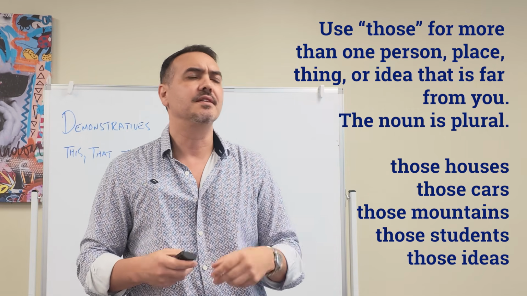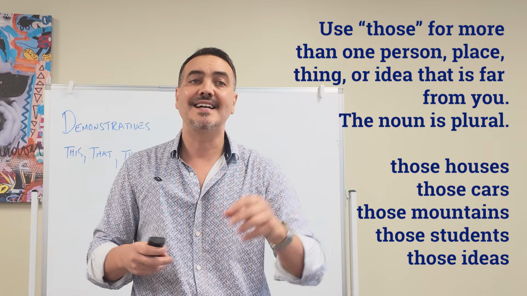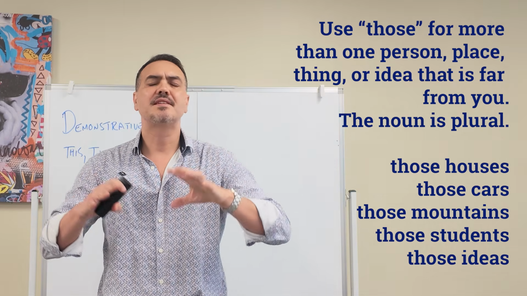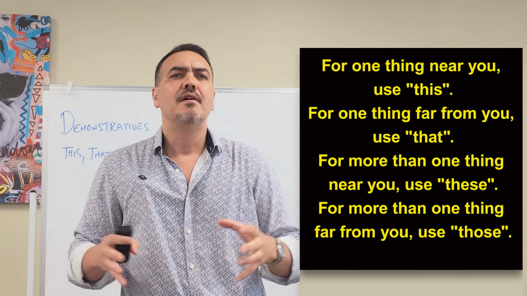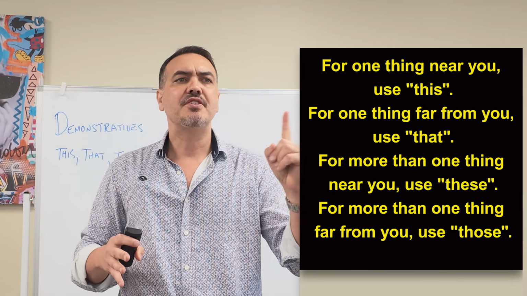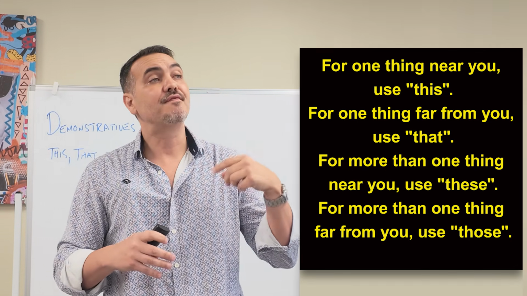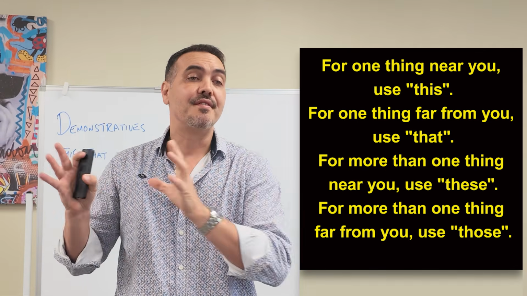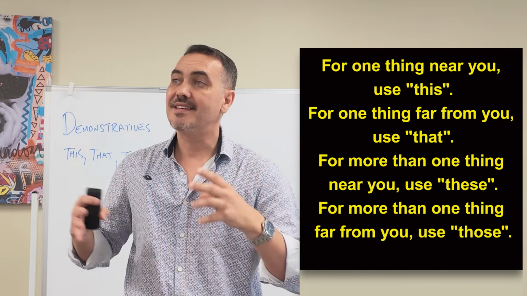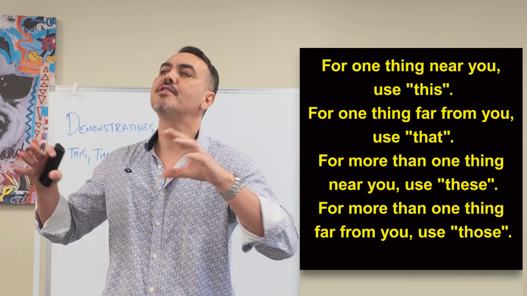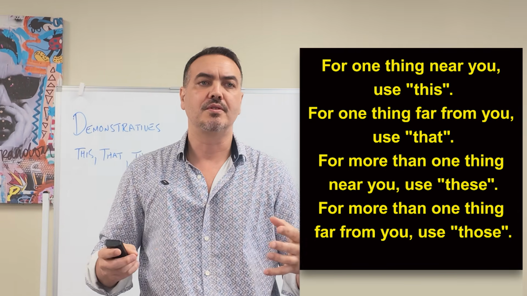Like those houses, those cars, those mountains, or those ideas. And here's a simple way to try to remember this rule. For one thing that's near you, use this. For one thing that is far from you, use that. For more than one thing near you, use these. And for more than one thing far from you, use those, okay?